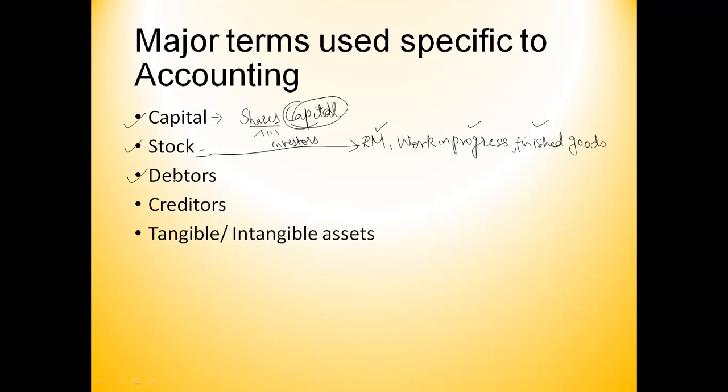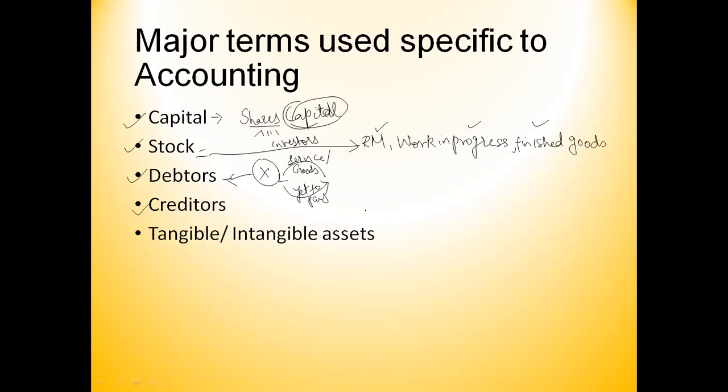Moving on to the next, debtors: those who owe money to the entity. That is, anybody who has received a service or bought goods from the company but is yet to pay for it, then this X is a debtor. Similarly, creditors are those to whom the entity owes money.